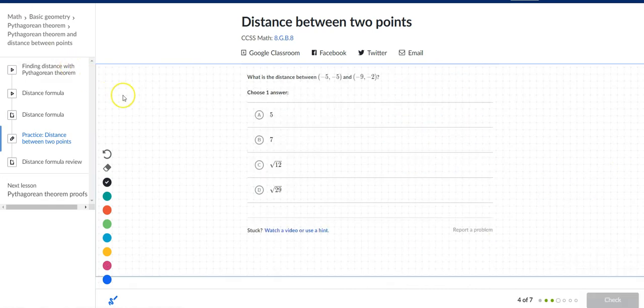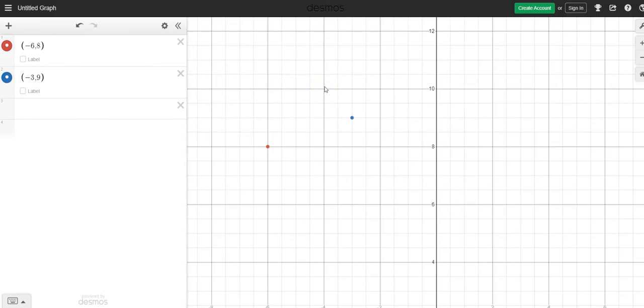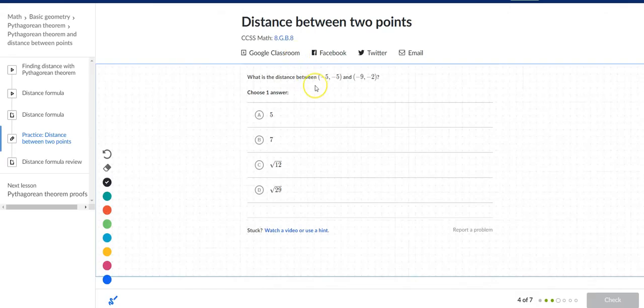Alright, so for this one, we have no coordinate plane, we don't have a grid, in other words, it's just the points. So what is the distance between -5, -5 and -9, -2? So again, if you really like the Pythagorean theorem and that makes sense for you, then I would go on Desmos and plot your points, or grab a piece of graph paper if you have some.